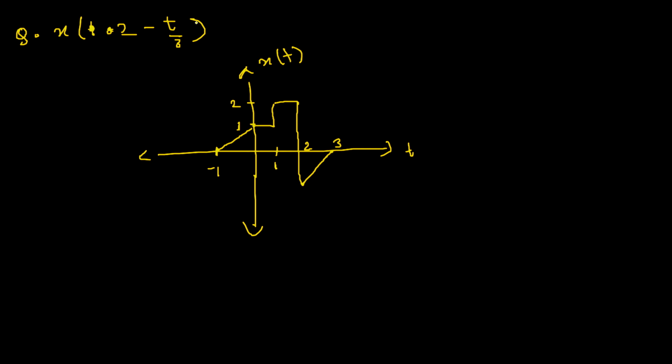The first thing that we need to do is time shifting. And this has been time shifted by 2 units. Since it's +2, we shift 2 units towards the left. So my first operation will be time shifting. I shift this graph 2 units towards the left.